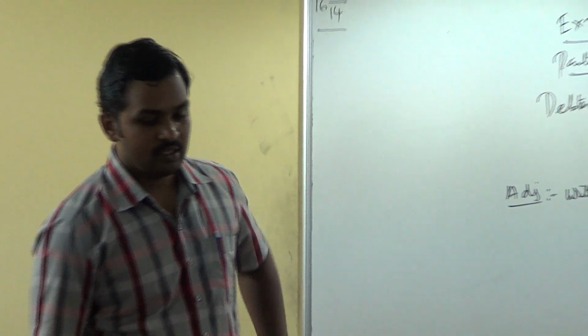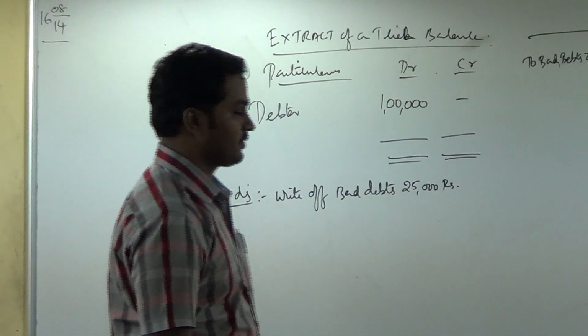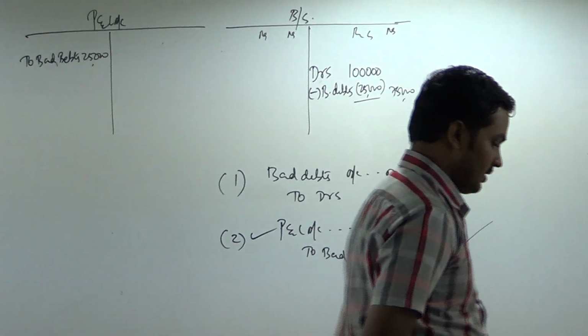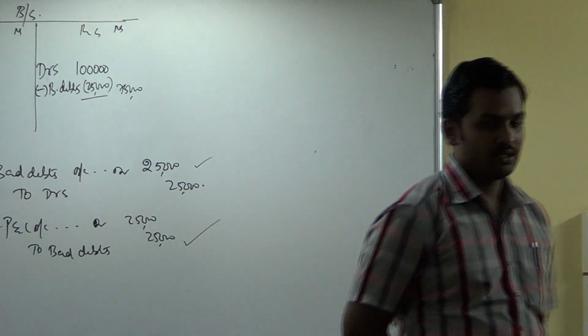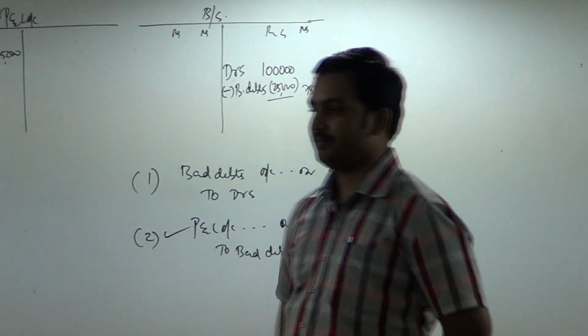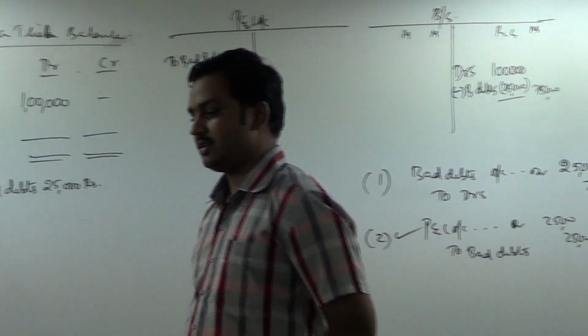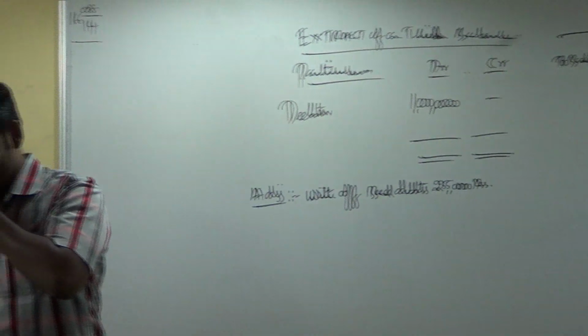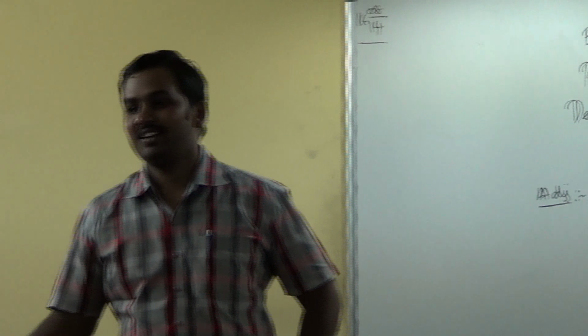Did you all complete the problem? Yes. Write down one more problem. Extract of a trial balance. Particulars, debit, credit. I am dictating a problem, note it down properly. Same format. Write down. Debtors. Which balance? Yes. Very good. 5 lakhs.